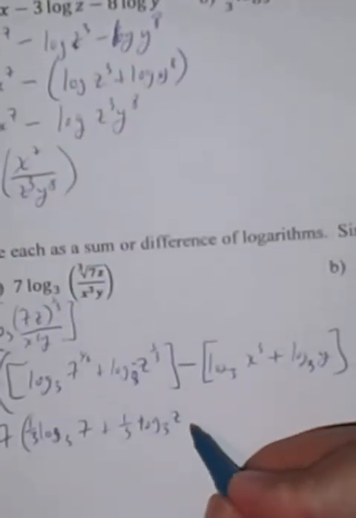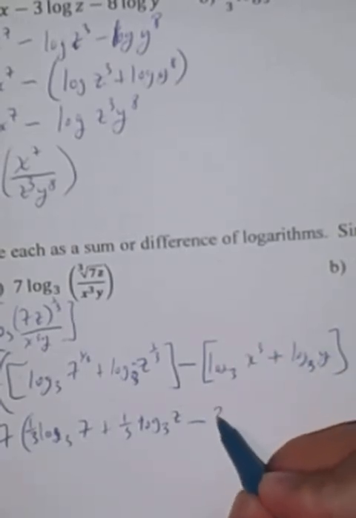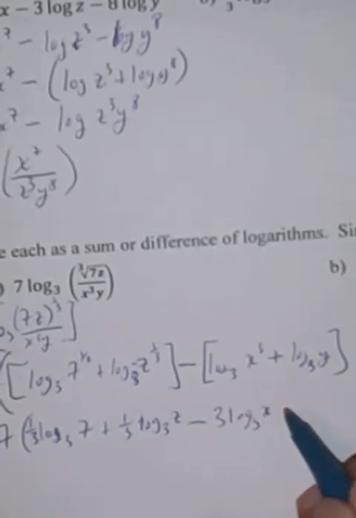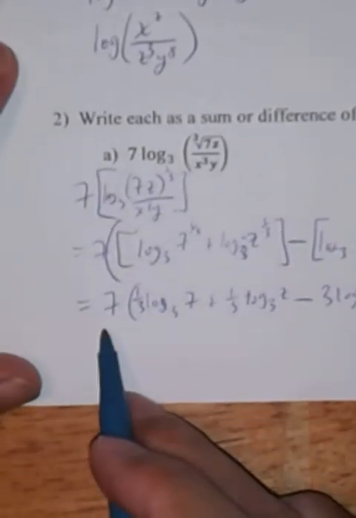Okay. Minus, and I'm going to apply the minus to each one, 3 log base 3 of x minus log base 3 of y. All right, and then apply the times 7.